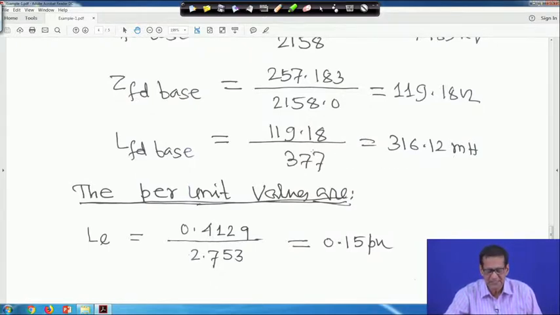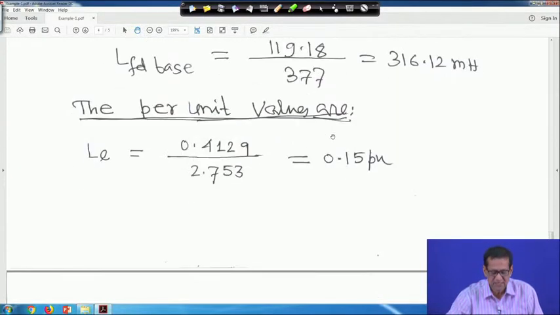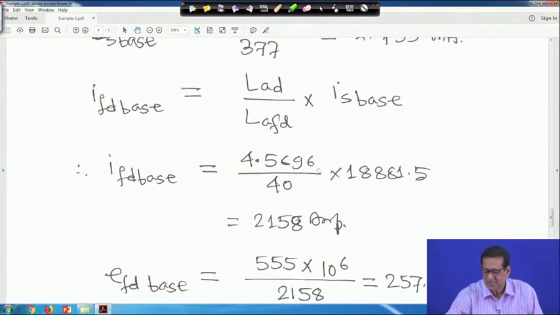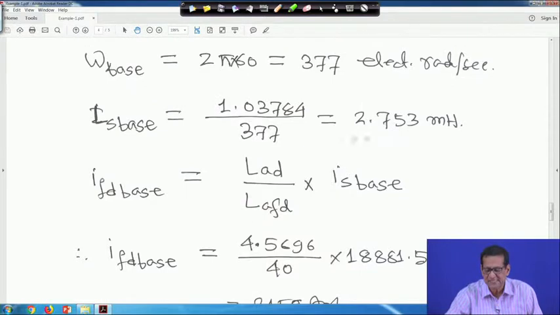Now all these base quantities we have determined. You just have to follow step by step how to determine all these things. Now the per unit values are, therefore, LL equal to 0.4129 divided by 2.753, because LS base is 2.753 millihenry.